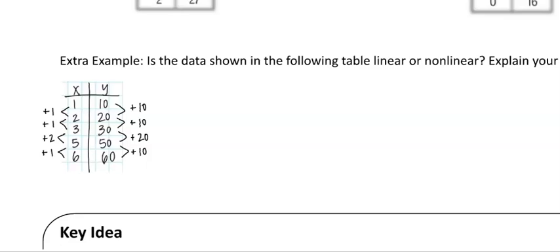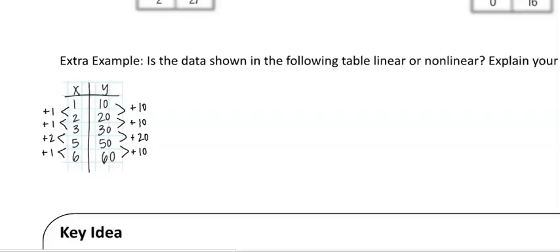Now looking at this extra example, you'll notice that the change in y goes plus 10, plus 10, plus 20, plus 10. Just because the change in y isn't always the same doesn't automatically mean that it's nonlinear. Remember, slope looks at the change in y divided by the change in x. So looking at the change in x, you'll notice it's adding 1, adding 1, adding 2, then adding 1.